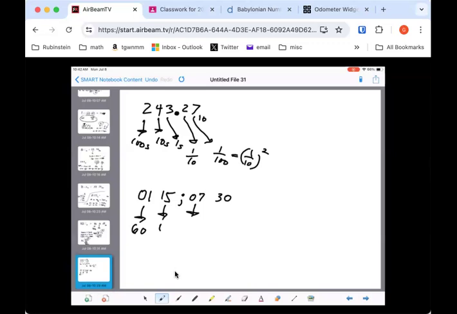But the 7 is not 7/10 or 7/100 or whatever; it's 7/60. And the 30 is 1/60 squared, which is 1/3600.